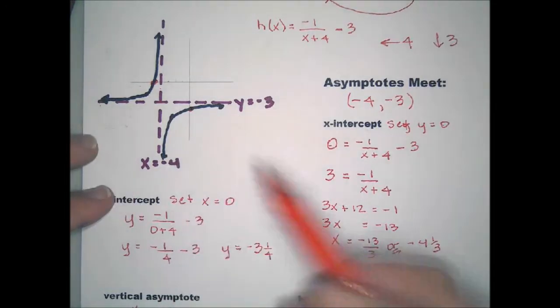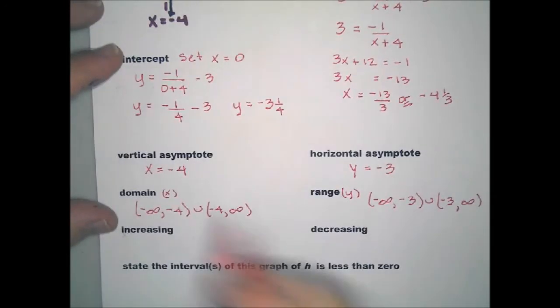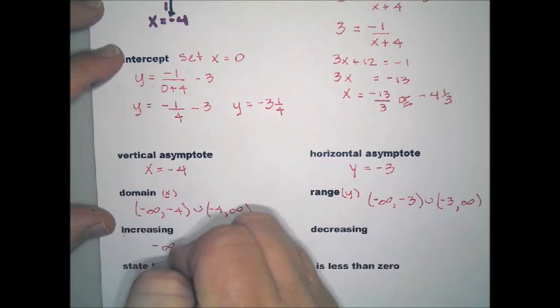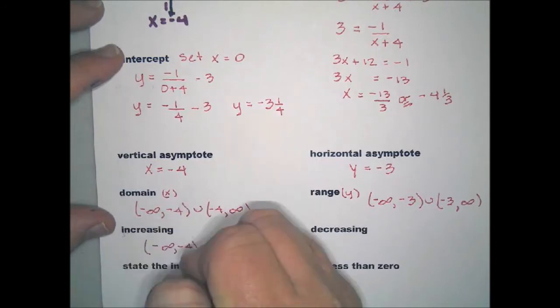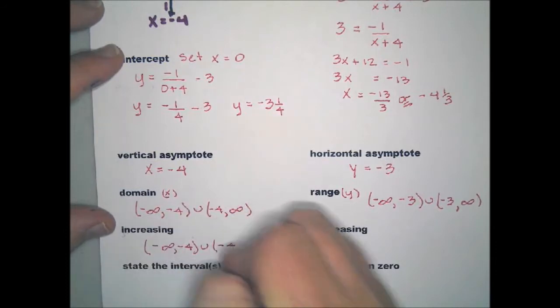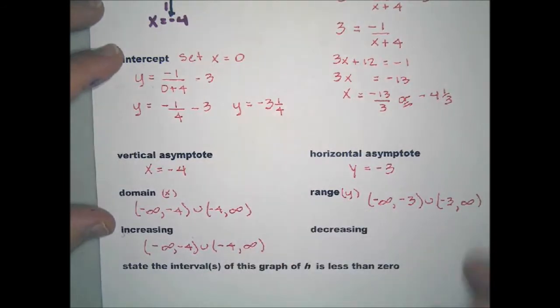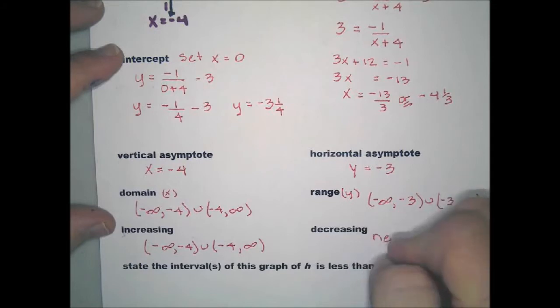So, it's always increasing. So all we're going to do is rewrite the domain of the graph. Negative infinity to negative 4 and negative 4 to positive infinity. Now, where is it decreasing? Never.